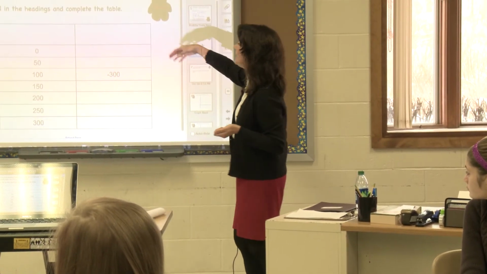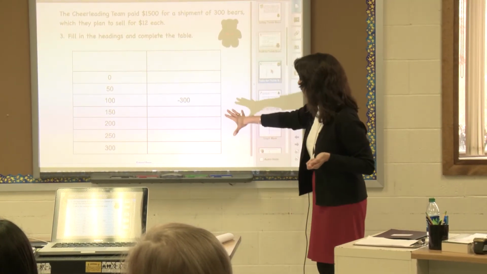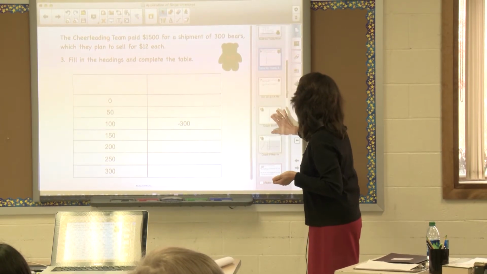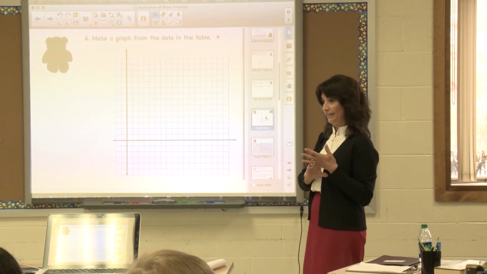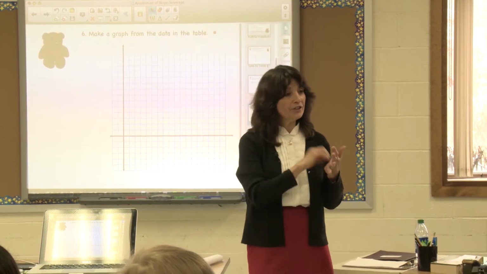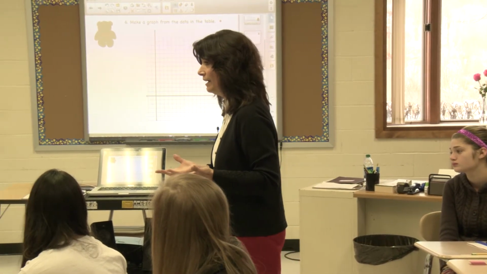I didn't put headings here, so you're going to put the headings for this table. The other thing, besides answering the questions, is you're going to graph it. The question you're going to try to answer for them is that they have a goal of making $1,000, and you're going to figure out how many teddy bears they need to sell to make that goal of $1,000.